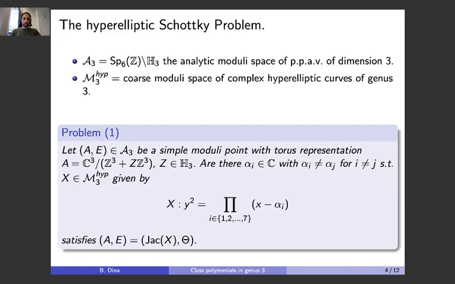Problem 1 is: given a simple moduli point in A3, where simple means that it is not isogenous to a product of lower dimensional abelian varieties, is this a hyperelliptic point? That means, can we find 7 distinct complex numbers such that the representation is given by an equation of this form, where in the first round we do not take into account the ordering of these coefficients alpha_i?